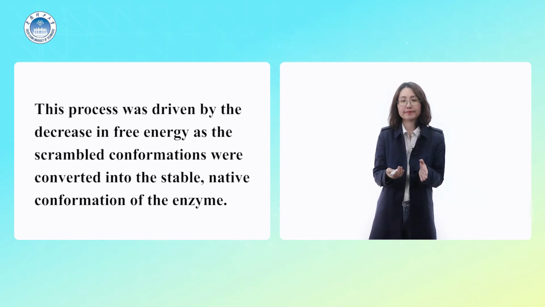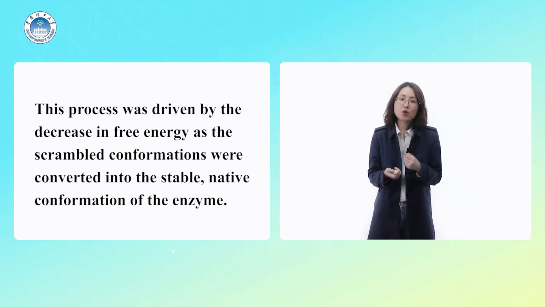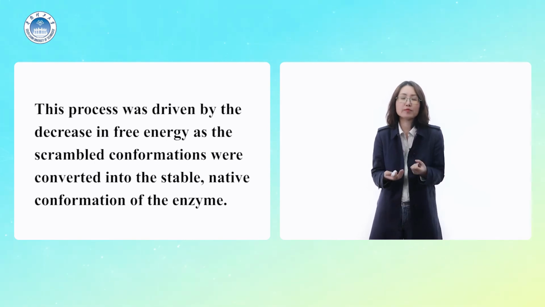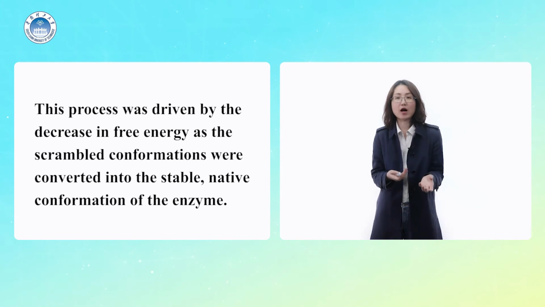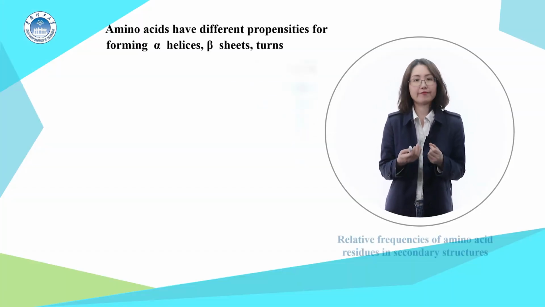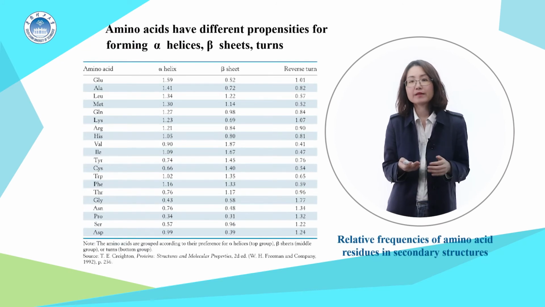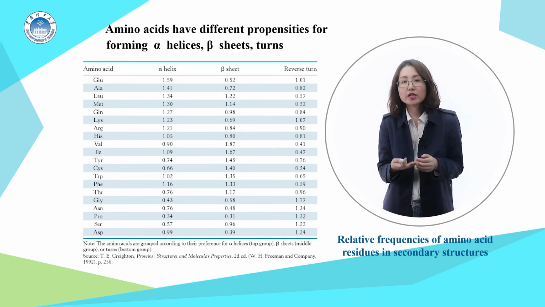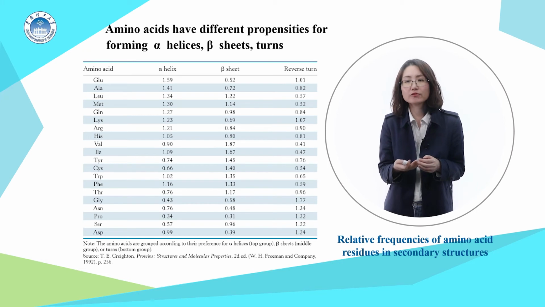conformation of the enzyme. So what determines whether a particular sequence in a protein forms an alpha helix or a beta strand or a turn? One source of insight is to examine the frequency of occurrence of particular amino acid residues in these secondary structures.